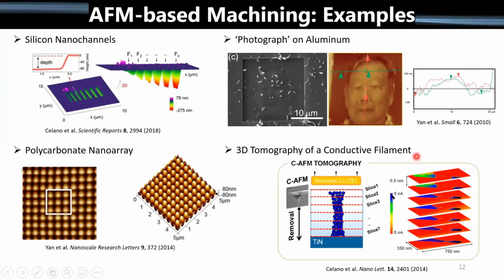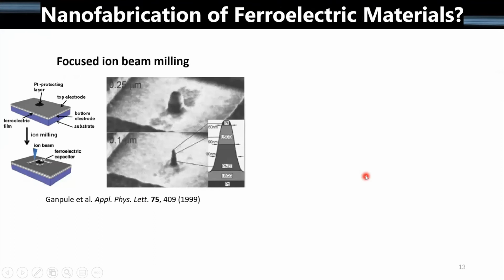So you can remove material a bit at a time and look at the conduction as you go down. Now, in terms of ferroelectric materials, I also mentioned at the beginning the idea of going to smaller and smaller feature sizes and nanostructures for higher density materials. That's one target, one application.